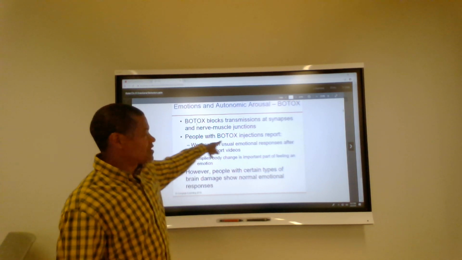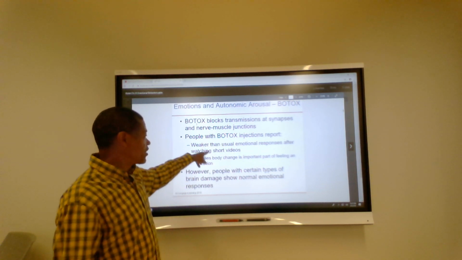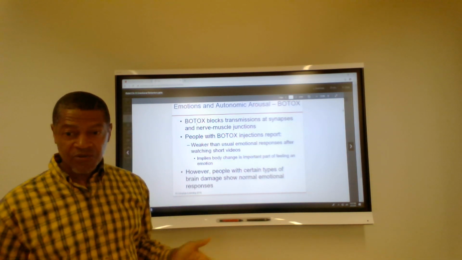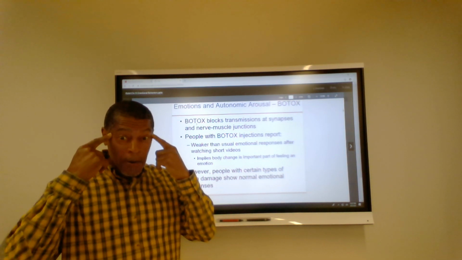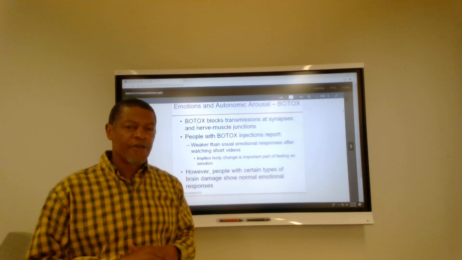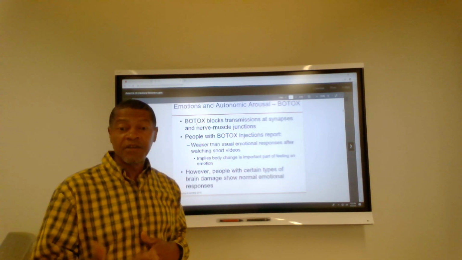It says people with Botox injections report weaker than usual emotional responses after watching short videos. So basically, it's altered the way their face responds to things. That then impacts how they receive information.